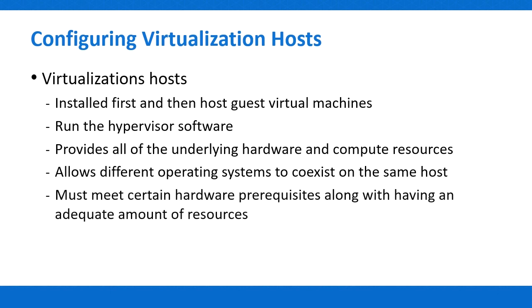Now, before a computer can successfully function as a virtualization host, there are going to be a number of hardware prerequisites that the computer system must meet, along with having an adequate number of resources. I believe earlier it was stated that these virtualization hosts are potentially going to be much larger machines when it comes to computing resources than their physical counterparts. Where a physical machine that's functioning as a domain controller could probably get away just fine with a dual-core processor and a couple of gigabytes of RAM if that's all it was doing.